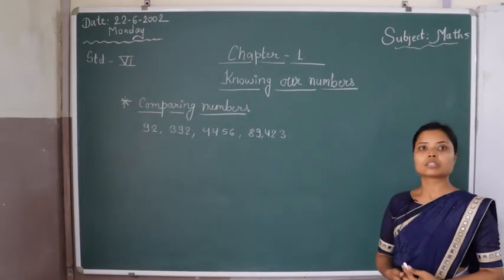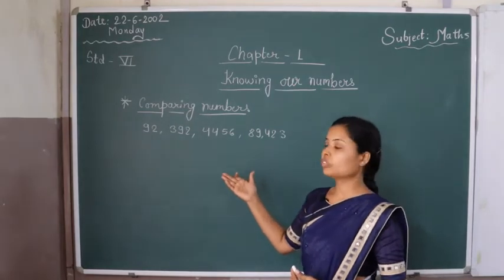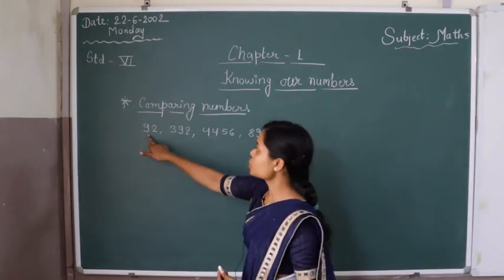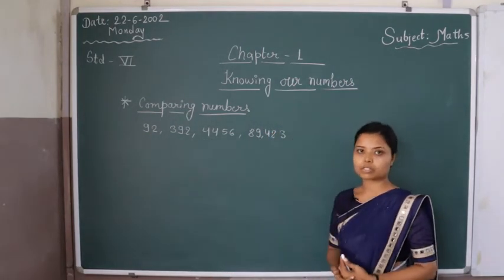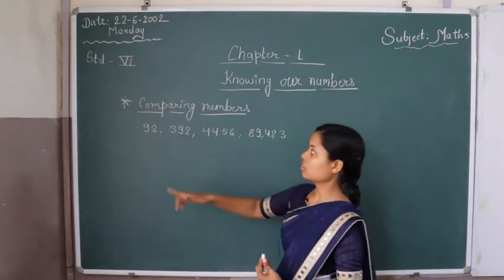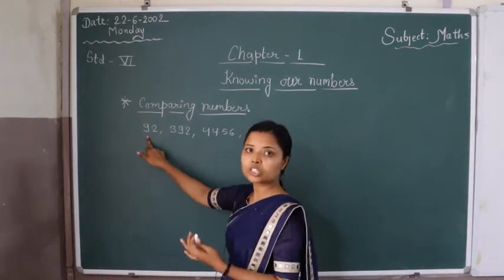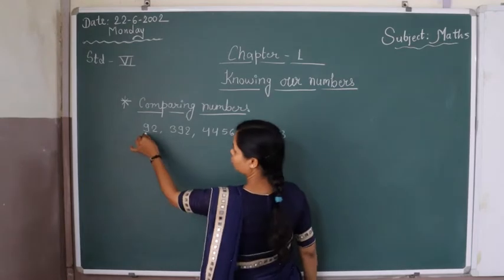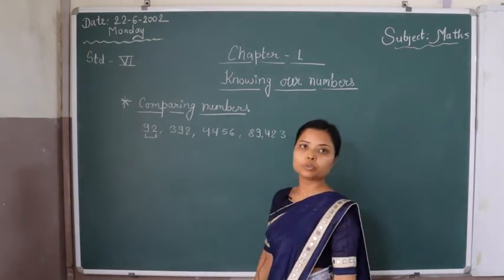In this series, firstly, we will find the digits of each number. So the first one is 92.